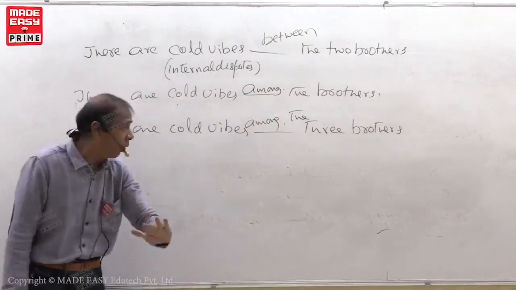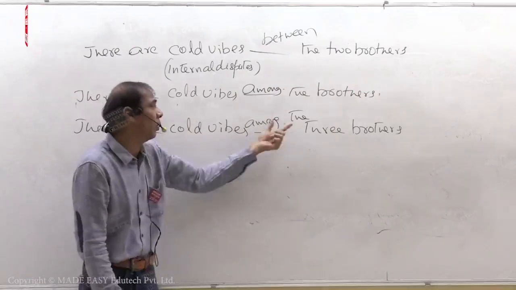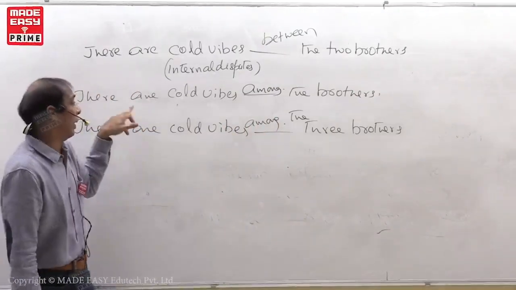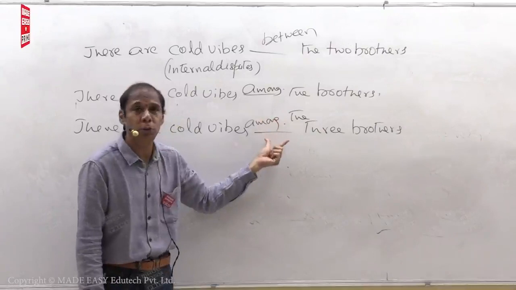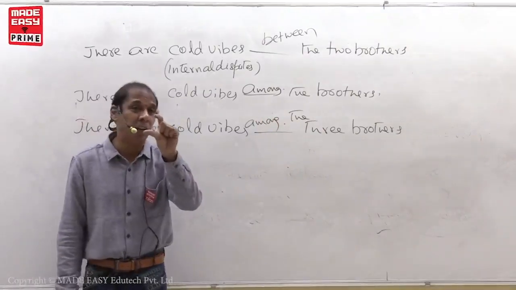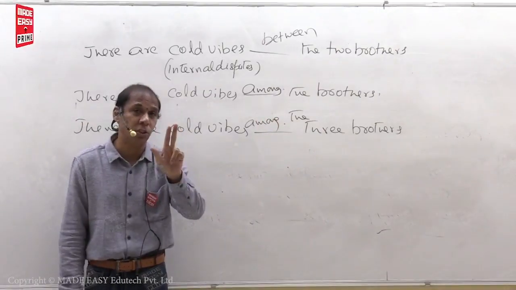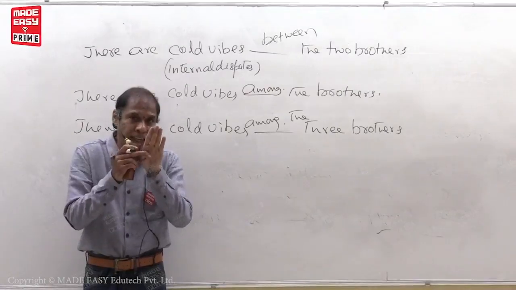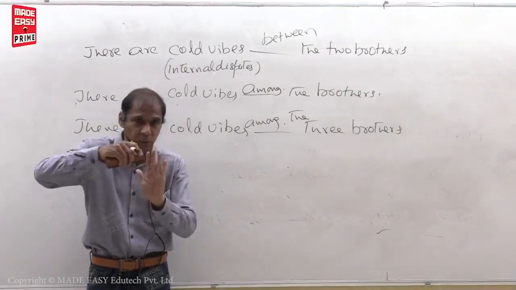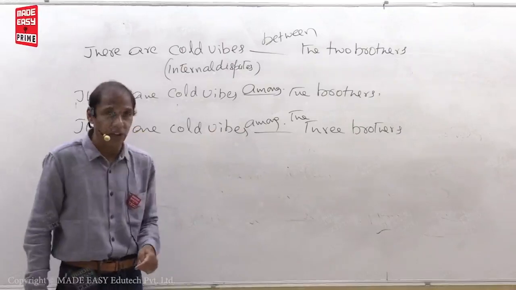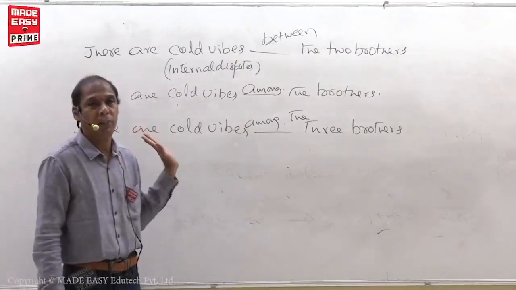In the case of more than two, among. When the number is not specified, also among. So among is used in two situations: one, more than two persons or things; second, when the number is not specified.